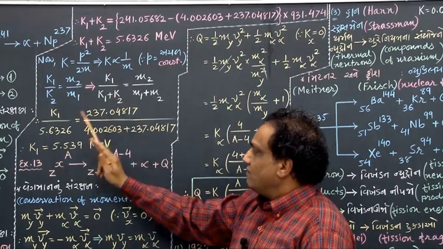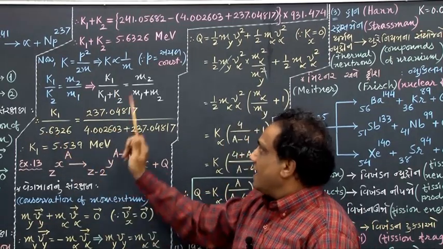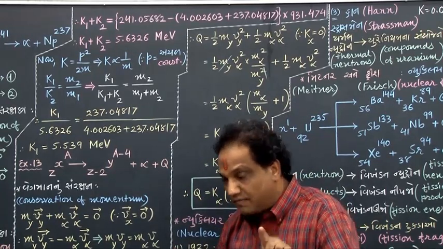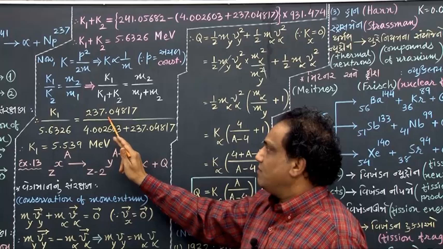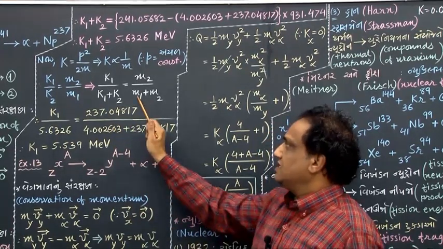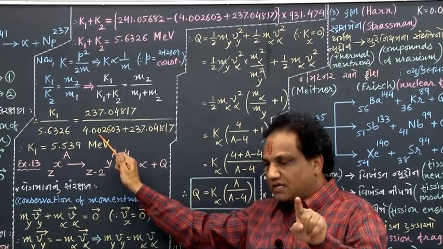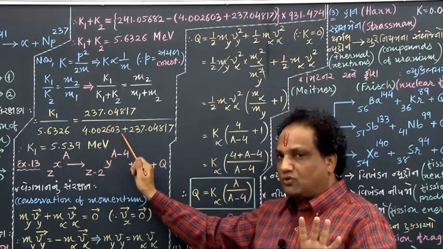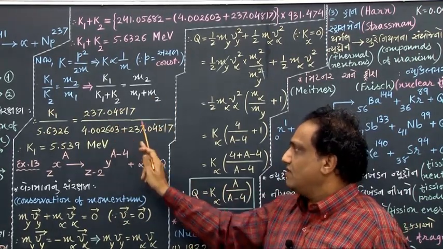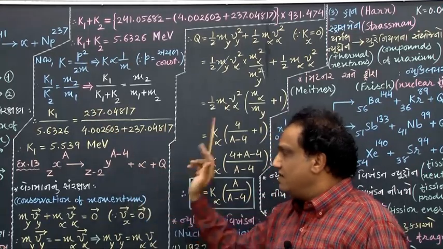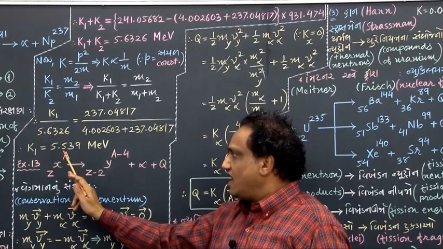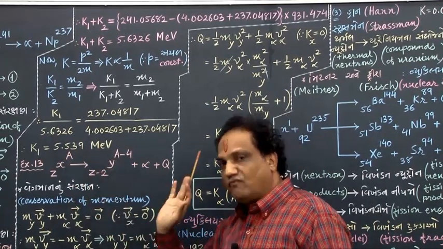So that K1 plus K2 value I have substituted here, and that equals M2, which is the mass of neptunium nucleus given in the statement, 237.04817 atomic mass unit, divided by this, the mass of alpha particle given in the statement, 4.002603 atomic mass unit, plus the mass of neptunium nucleus, the same value written here. Now simplify, find the value of K1. It comes out to be 5.539 million electron volt.